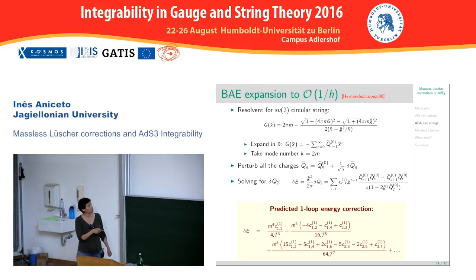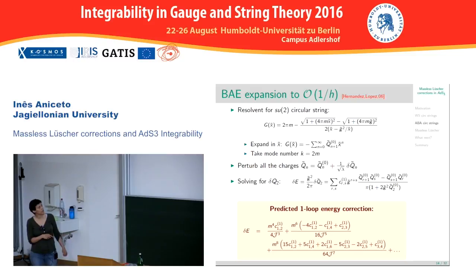In fact, if you do K equals M, where K is the mode number in the beta ansatz, the beta ansatz dramatically simplifies, and what you find is a closed form for Q2, which is very easy to write, and it's basically this expression. So if I know all the charges because I know the resolvent and this expansion, then as an expansion in J, the predicted one loop energy correction is going to be given by this in terms of the coefficients C1.